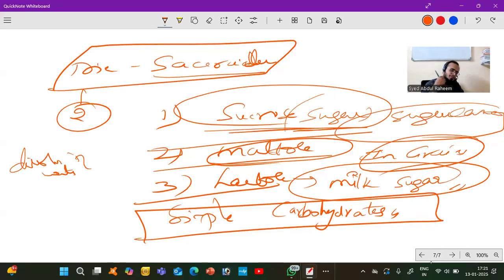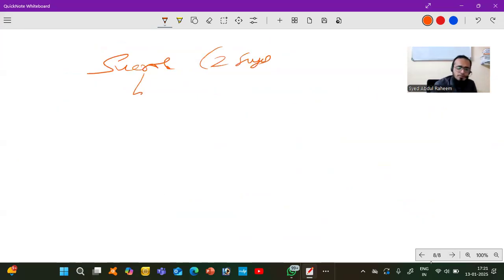In sucrose, we have two sugars, monosaccharides. What types of sugars are present? One is glucose, one is fructose.